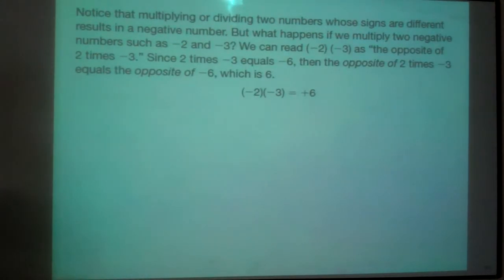Okay. So notice that multiplying or dividing 2 numbers whose signs are different results in a negative number. But if we multiply 2 negative numbers, such as -2 and -3, we can read that as -2 times -3 as the opposite of 2 times -3. Since 2 times -3 equals -6, then the opposite of that equals the opposite of -6, which is 6.